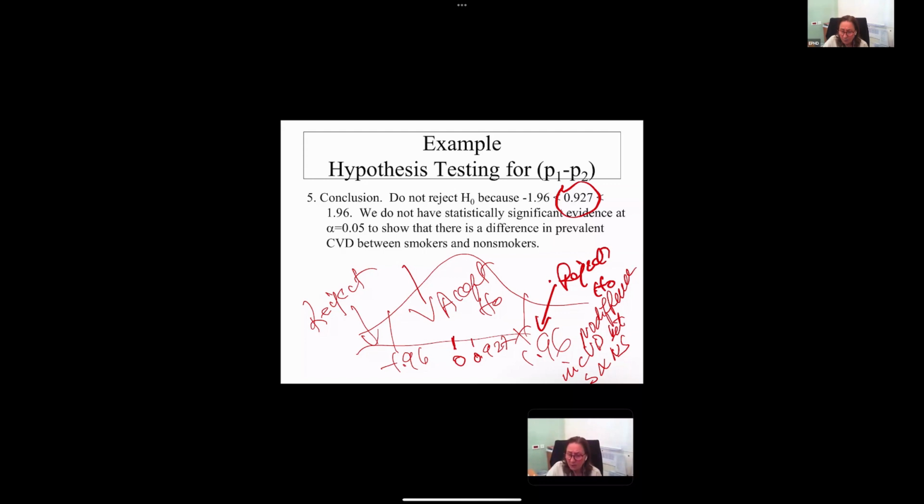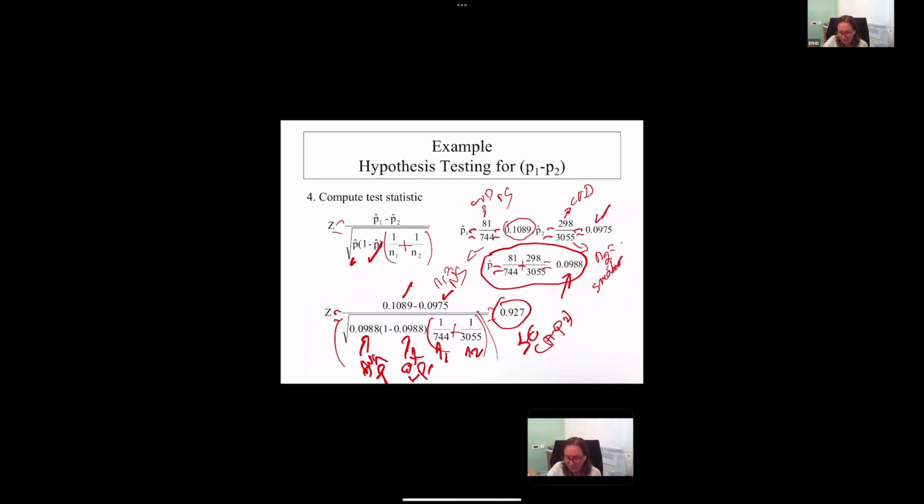So you take two samples, N1 and N2, look at how many have CVD, calculate the probability of CVD, and then do the test statistic, which is P1 minus P2, the difference in probability, over the standard error of that difference. When you have two populations, you average the P's of the two and use it when you calculate the standard error.